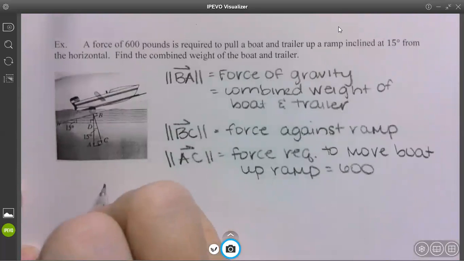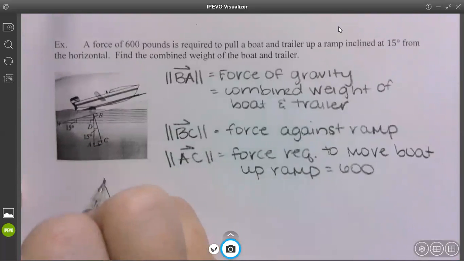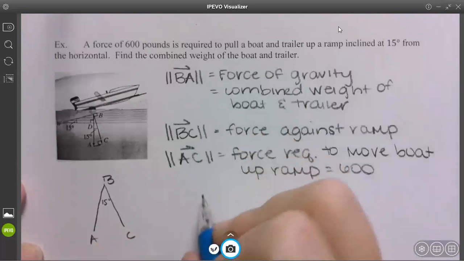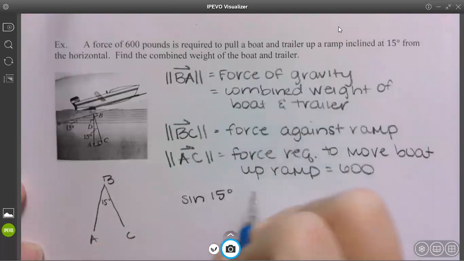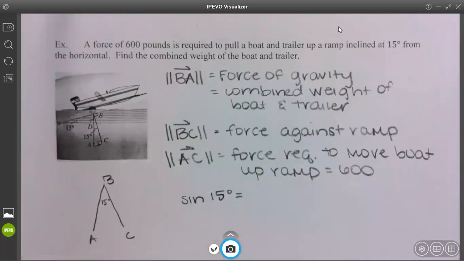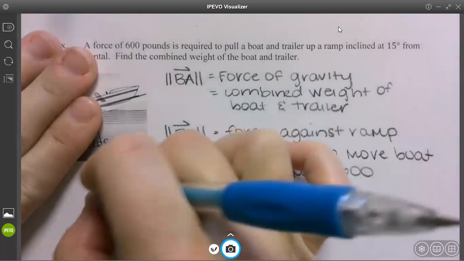So if we look at, I'm going to pull this out, B, A, C, it gave us 15 degrees. We have side BC and BA. So we can set that up as sine 15 degrees. Let me make my picture a little better so you guys can see it.